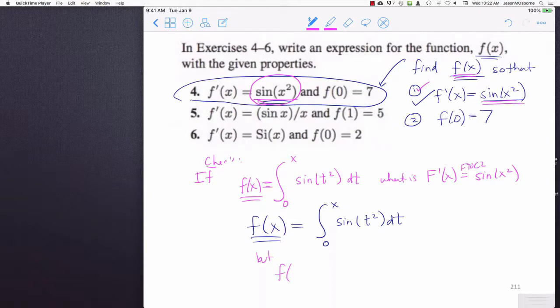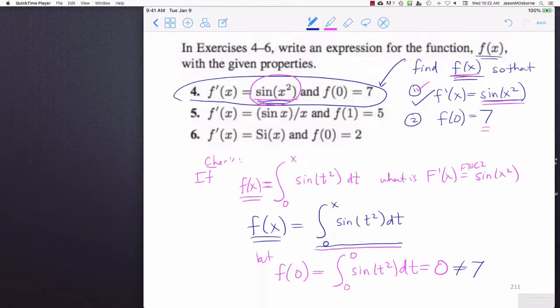But what about the function evaluated at 0? Does it equal 7? Does this function equal 7 when x is equal to 0? Well, if you take this function and put in 0 for x, the integral from 0 to 0 is 0. So the function we have made does not equal 7.